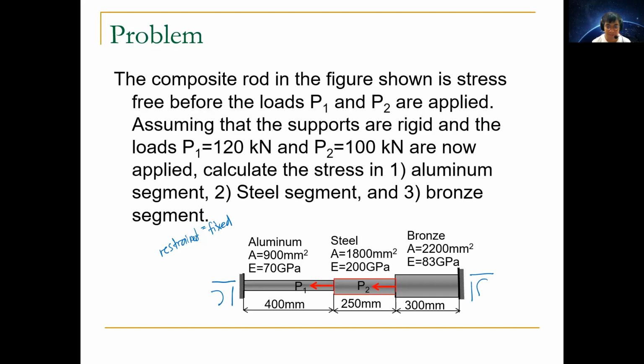All right. Now, upon looking at the problem, the rod is just having an application of horizontal forces only. So P1 and P2. So meaning there's no vertical load.